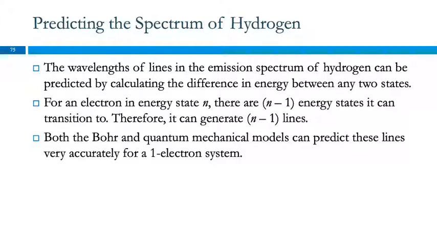The wavelengths of the lines in the emission spectrum of hydrogen can be predicted by calculating the difference in energy between two different states. For any energy state, there are n-1 energy states it can transition to, and so we can get n-1 lines. Very nice. I don't expect you to remember that. Both the Bohr model and quantum mechanical models predict the lines very well for a one-electron system.